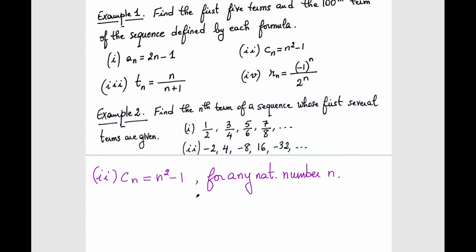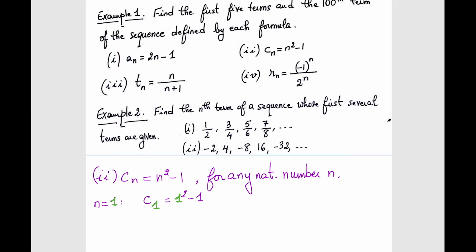So what's the first term? The first term is when n is 1. When n is 1, what happens? Well, I'm replacing n by 1. That means this is 1 squared minus 1. Correct? Let me be very clear here. That's the index, the rank of the term.